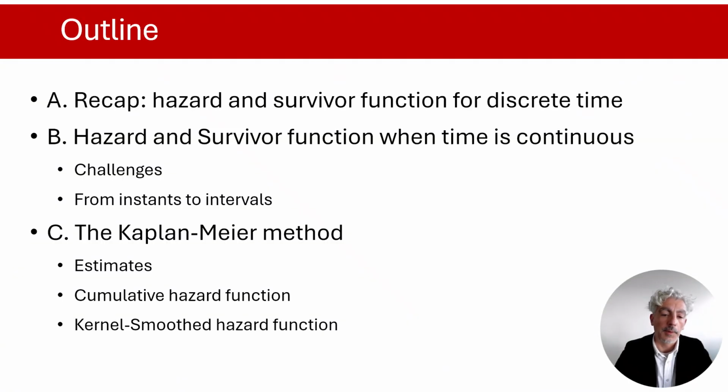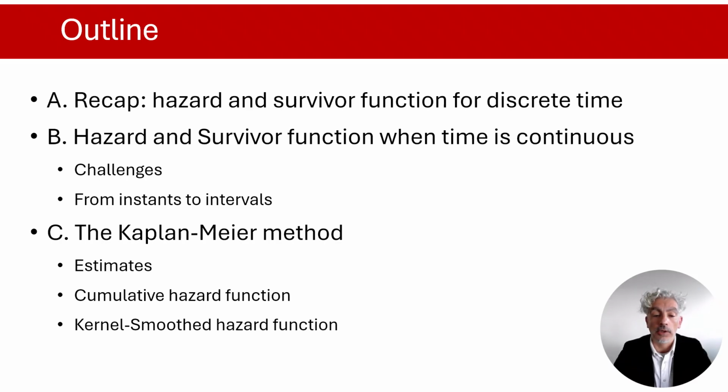In this first part, I will first provide a summary of the key hazard and survival functions for discrete time events. It's something I covered in other resources I have prepared for the National Center for Research Methods.